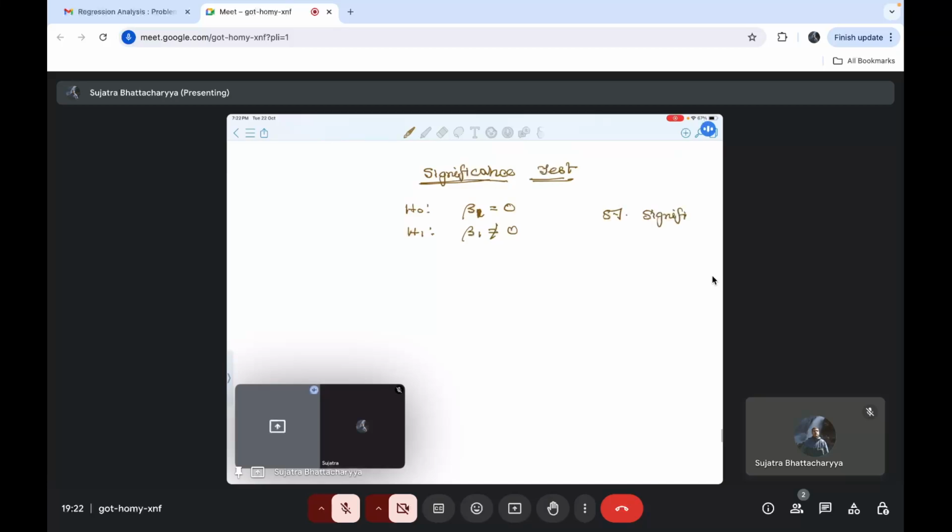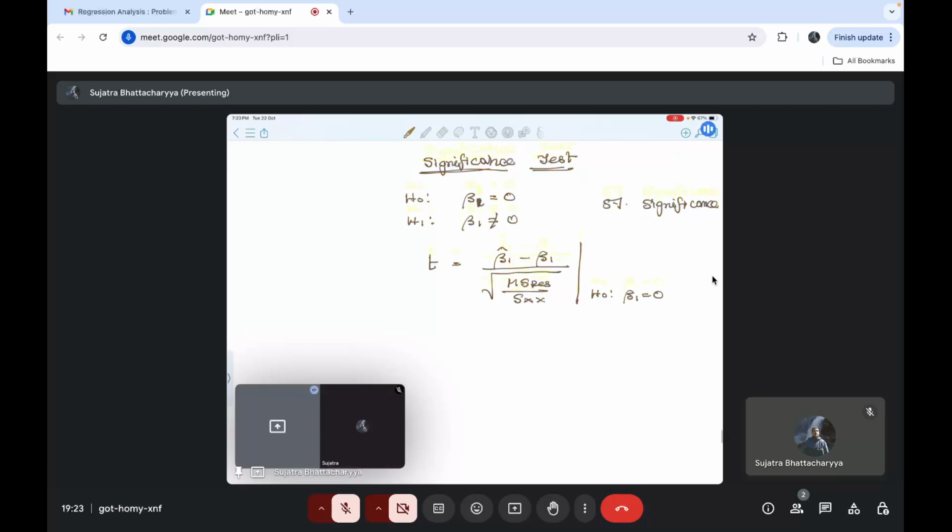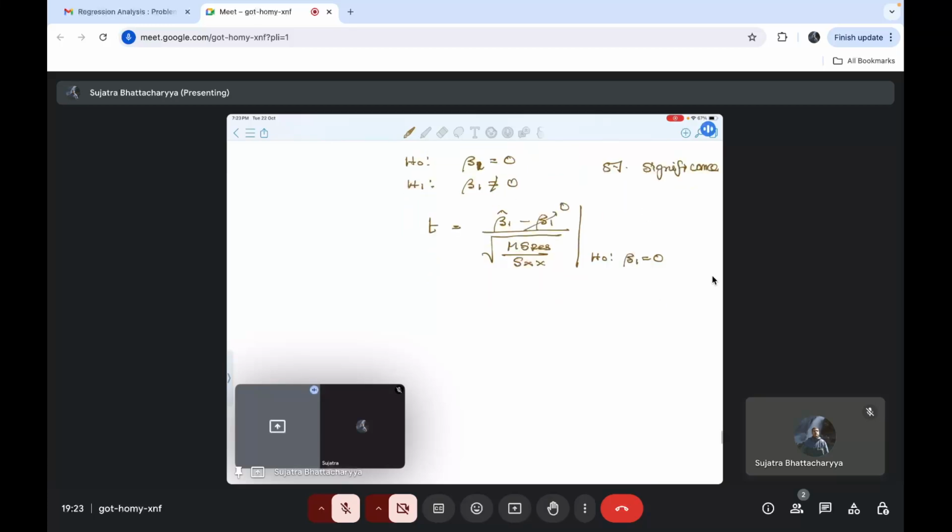So what is the test statistic? It is beta 1 hat minus beta 1, the actual population parameter, over root of MS residual divided by Sxx, under H0, which is beta 1 equal to 0.